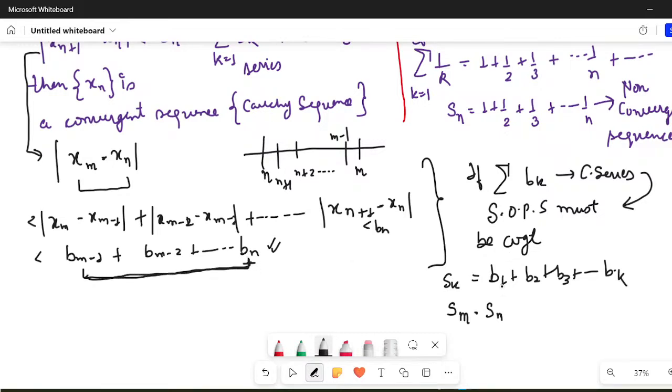What is Sm? Sm would be b1 plus b2 plus b3 dash dash dash bm, and I can write till bm minus 1. I'm writing it so that you will be able to understand. And what would be Sn? Sn would be b1 plus b2 plus b3 dash dash dash bn.